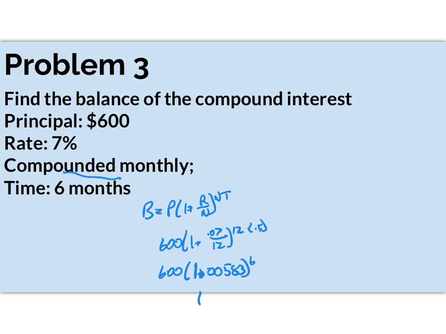And that gave us $621.31 after rounding to the nearest hundredth.